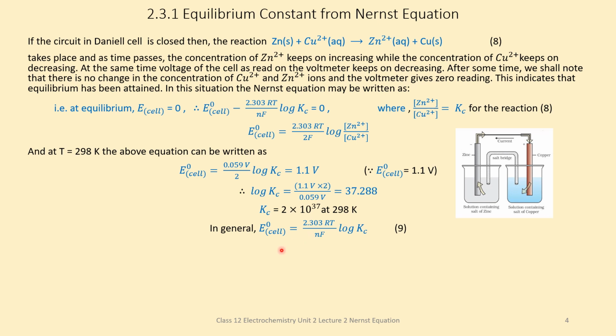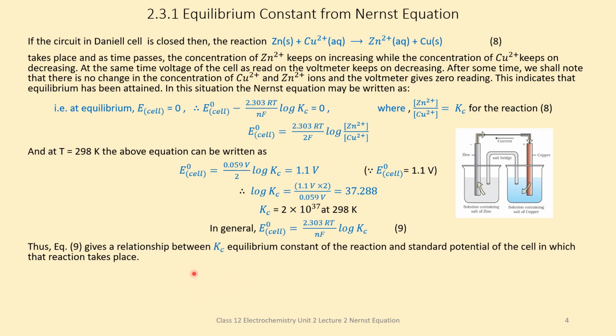Therefore, in general, we can write E naught of cell is equal to 2.303 RT divided by NF into log of Kc. This is the relationship between equilibrium constant Kc and standard electrode potential of the cell.